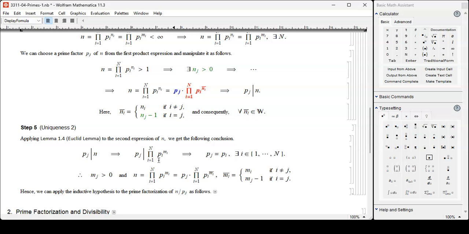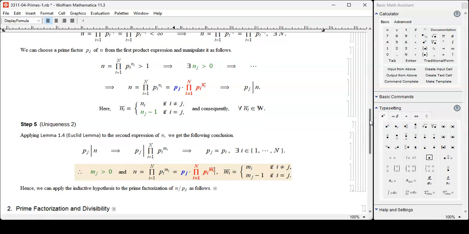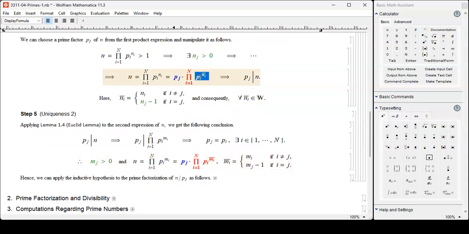That means pj belongs to one of those. So mj is greater than 0 because pj is there, and then I can factor pj out, and here's the rest. Now, we're to compare this red and that red. This came from ni, and then ni bar by adjusting 1, and this came from mi, and then I took mi bar by adjusting 1, the jth one.